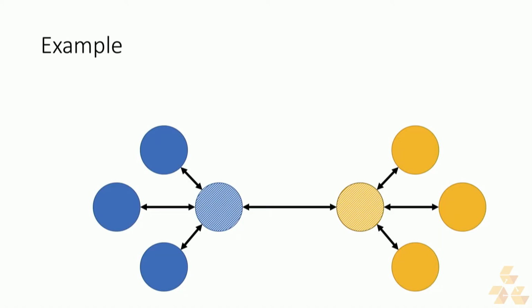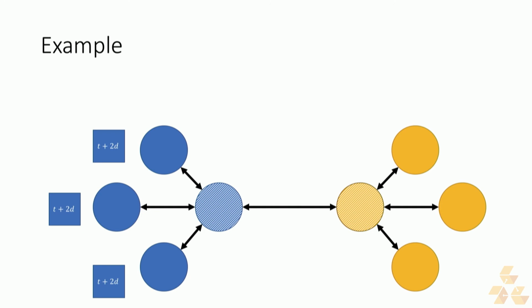So just a really quick example. Say that we have a really simple network. We have 6 miners that are divided into 2 pools. Say that a miner in the blue pool created a block at time t. At time t plus d, the pool manager will hear about this block, because it takes small d time units to propagate blocks inside the pool.